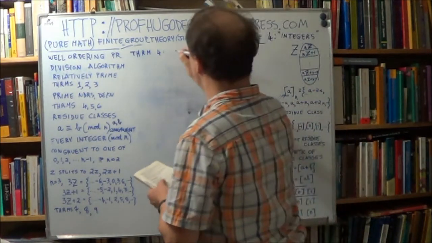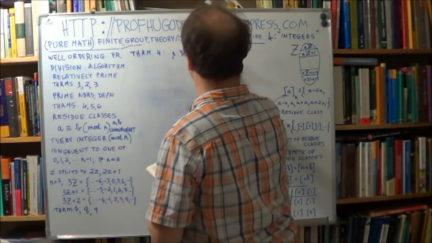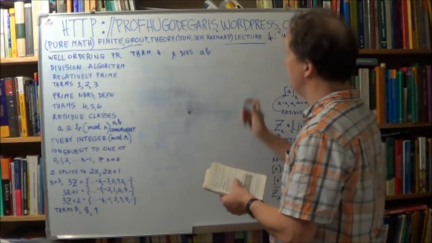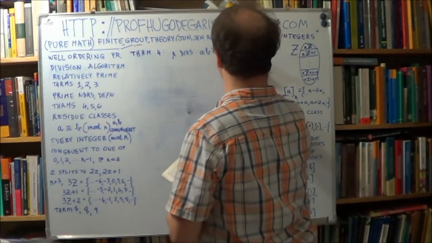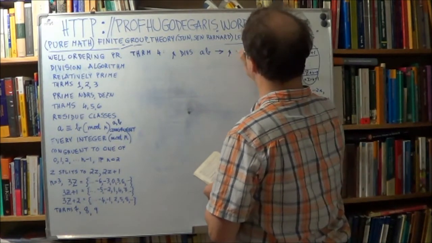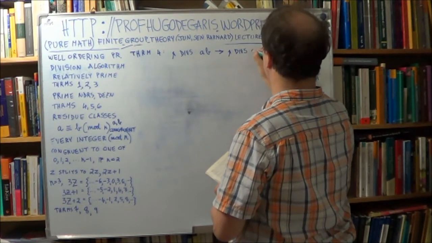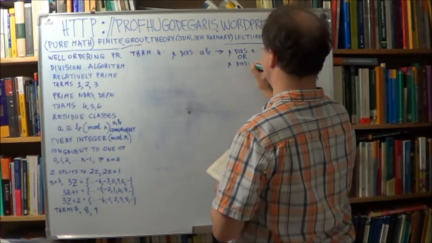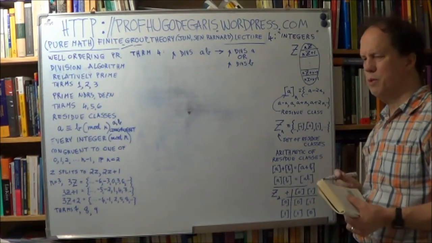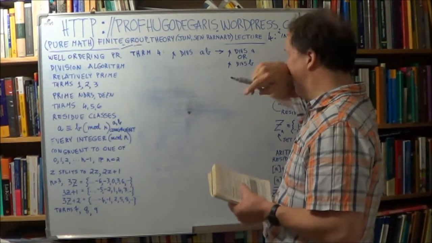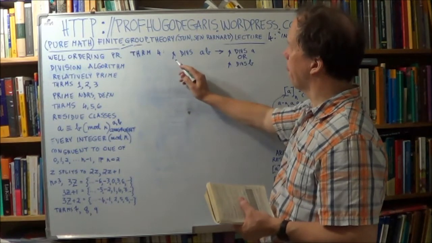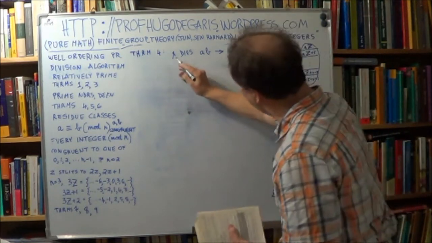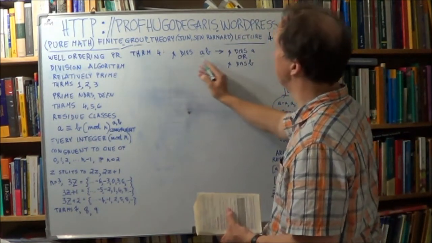You're told P divides AB, where A and B are integers, and that implies P divides A, or P divides B. That's almost common sense, if you think about it. You've got a product, and you're told that some integer P divides it. Well, then either P divides A, or P divides B.